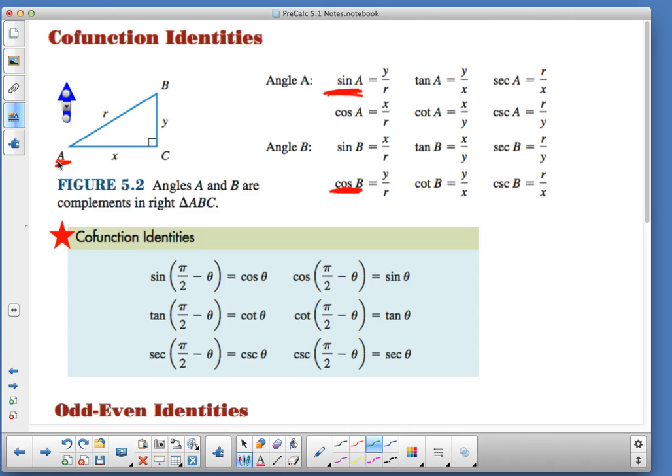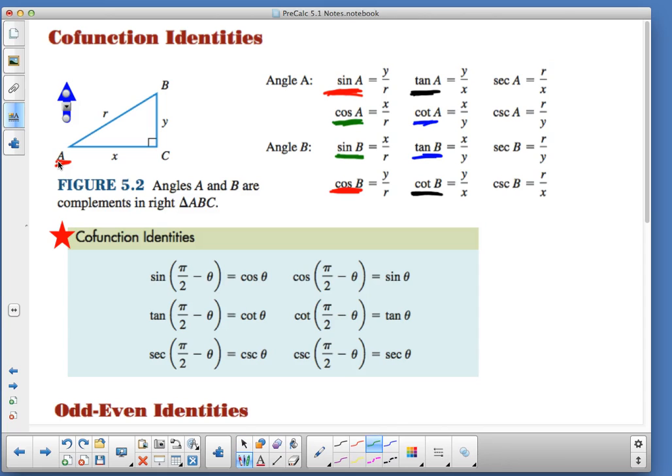And it's not just a coincidence. If I look at the cosine of A, and I'm talking about the sine of B, they're the same value as well. And then if I continue on and look at tangent of A, and I look at the cotangent of B, and I've got the cotangent of A and the tangent of B, they're the same value.